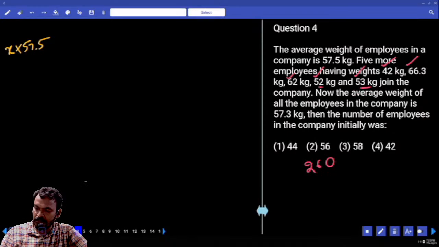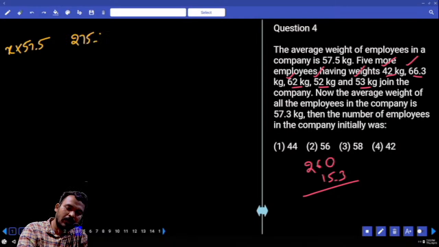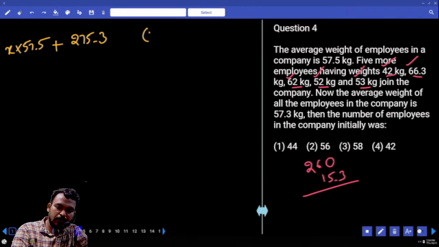Next 3 plus 2 is 5, plus 2 is 7, plus 2, 9, plus 6, 15.3. Total it is 275.3. The 275.3 is the sum of 5 employees. Adding these two gives the sum of X plus 5 employees, whose average is given as 57.3.